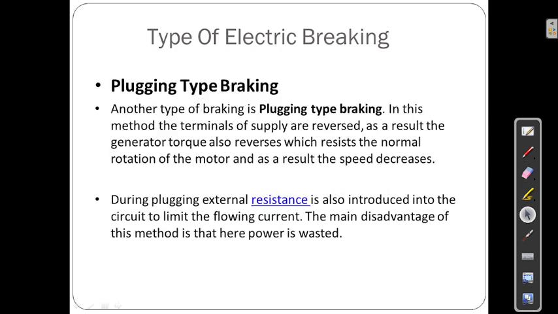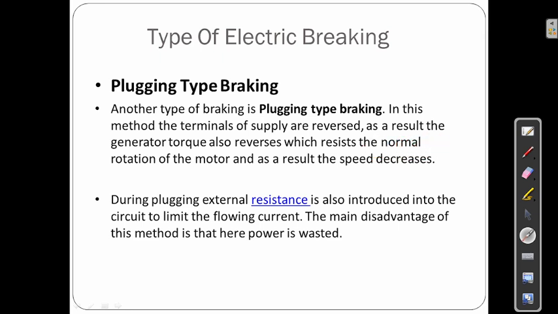Then plugging type braking. Another type of braking is plugging type braking. In this method, the terminals of the supply are reversed.